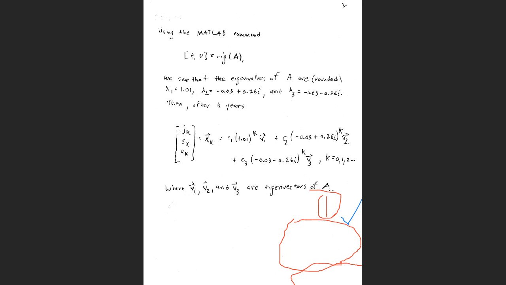What I'm trying to say, class, is as k goes to infinity, let's say this another way. I want to make sure you're comfortable, so I'm taking my time with this. What vector does the second term approach as k goes to infinity?